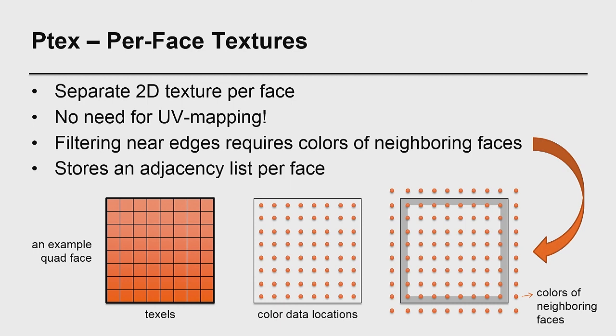What becomes a little tricky here, unfortunately, is that filtering near the edges, this gray area near that face that I highlighted, would require accessing the colors of the neighboring faces, right? So you can filter across the edges. That part becomes a little tricky because then you need to know what those faces are and you need to be able to access those colors. That means you need to store an adjacency list.